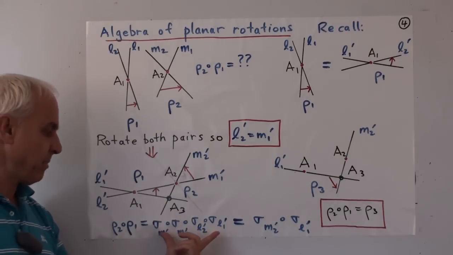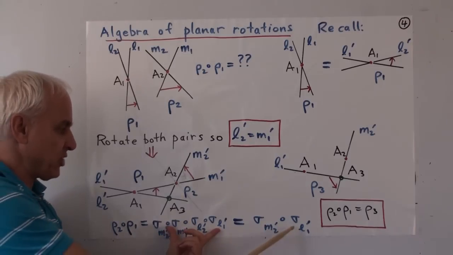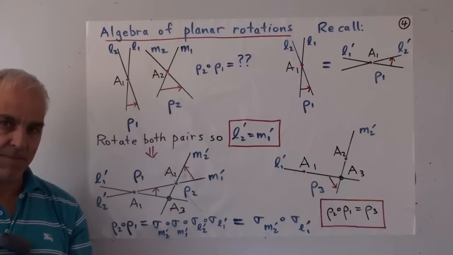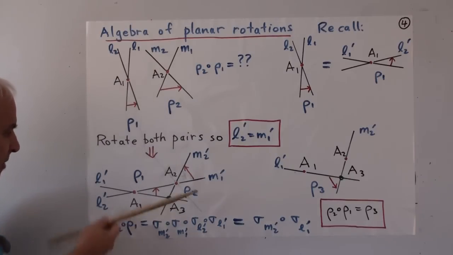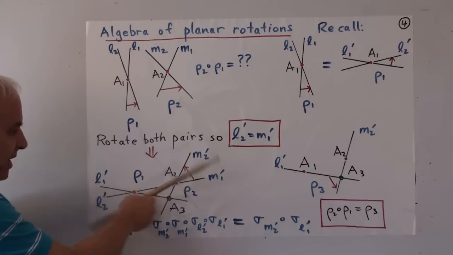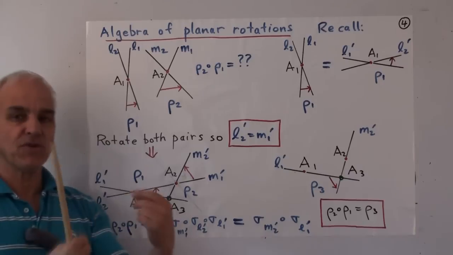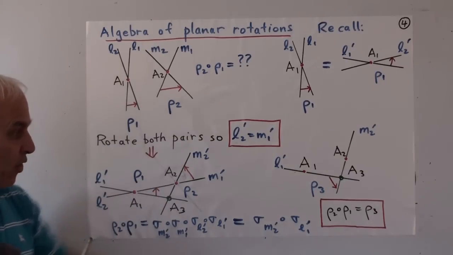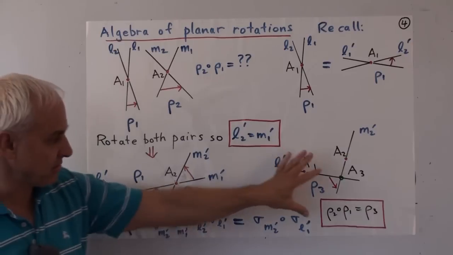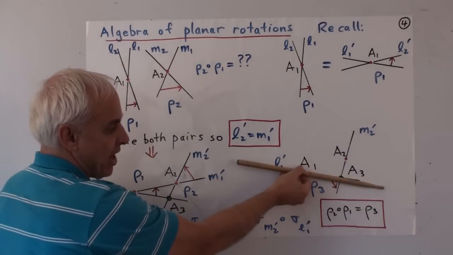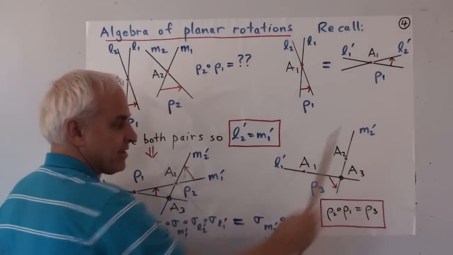And the whole thing just simplifies to the reflection in L1 prime followed by the reflection in M2 prime. L1 prime was this one, and M2 prime was this one. So the product of the two reflections is over here, same picture, just over here, is the reflection in this line followed by the reflection in this line.